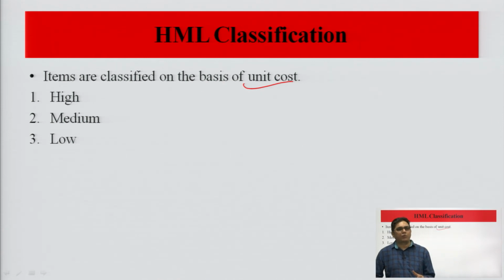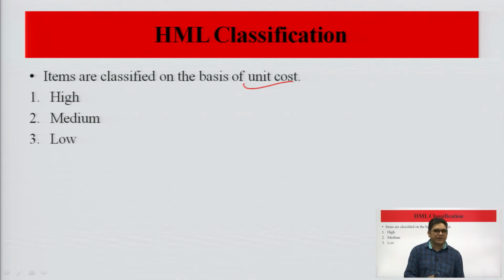Then we calculated the cumulative percentage, and the items which cover 70 to 80% of the total cost can be classified as A. Those covering 15 to 25% can be classified as B, and less than or nearby 5% can be classified as C.